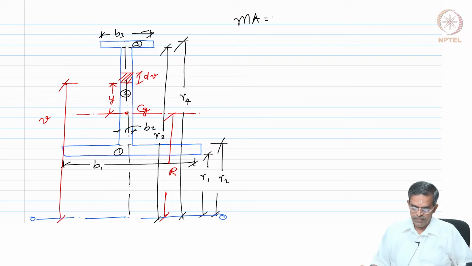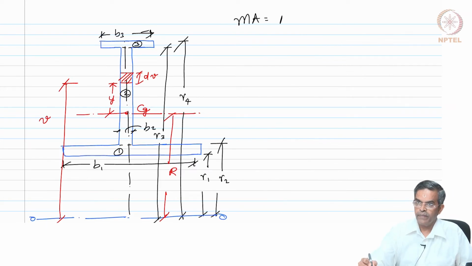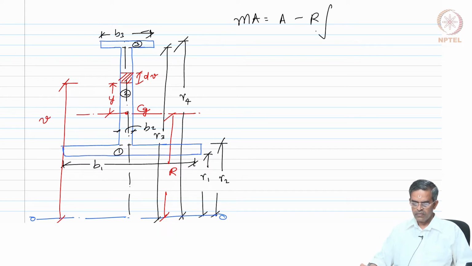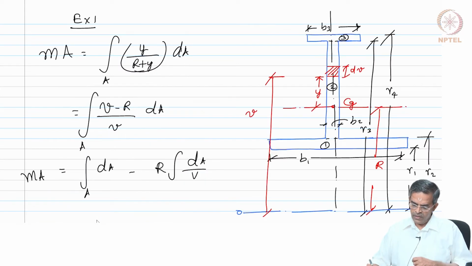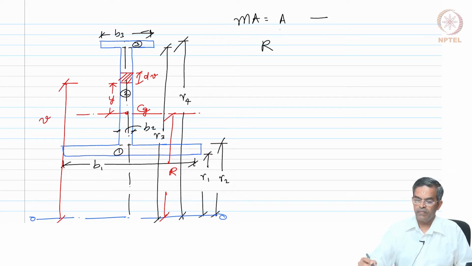MA is going to be, the equation is dA, which is A minus R times of, see we have integral over the entire area A, I am dividing into 3 parts. So, minus R times of, let us do integral R2 to R1.